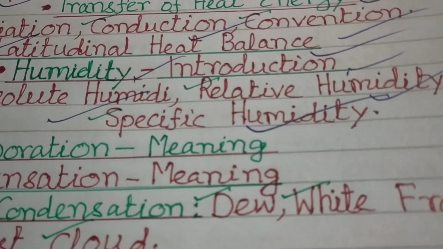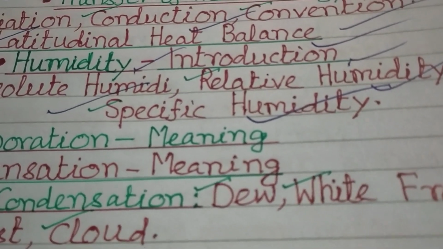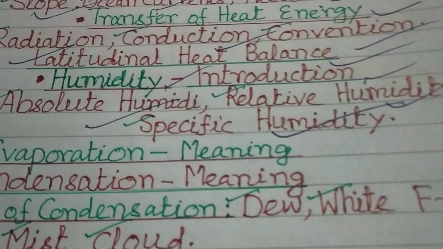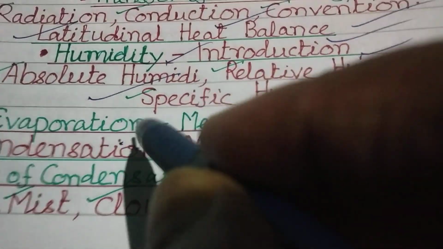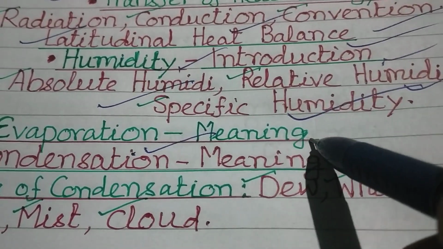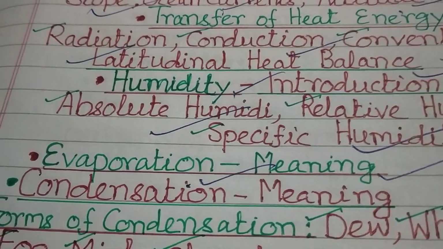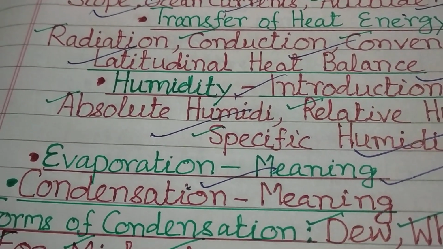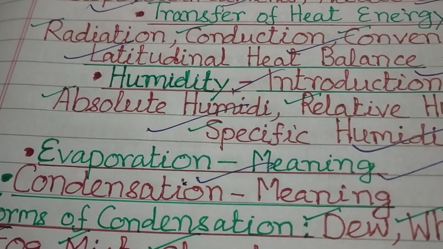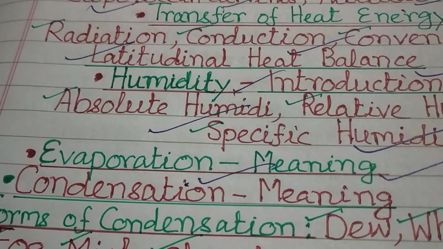The specific humidity is not affected by changes in pressure or temperature. And now we'll discuss what evaporation is and what exactly evaporation means. Evaporation is the process by which matter changes from liquid to a gaseous or vapor state.